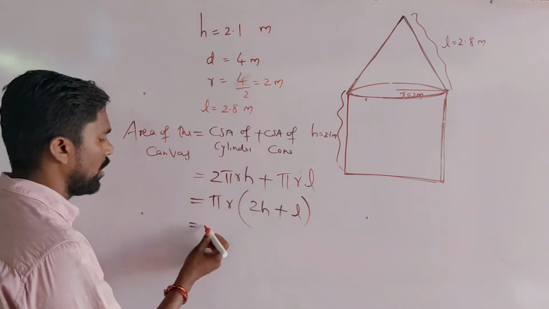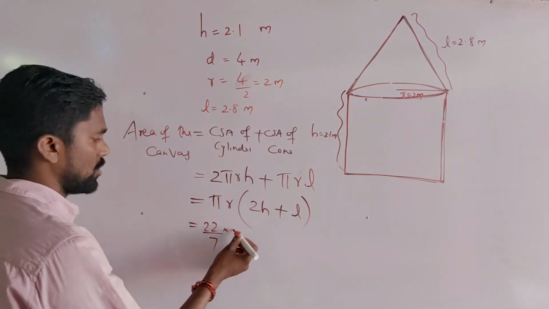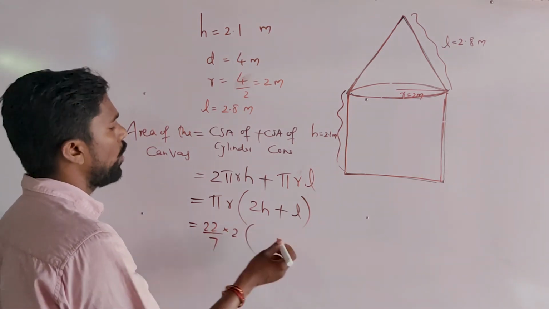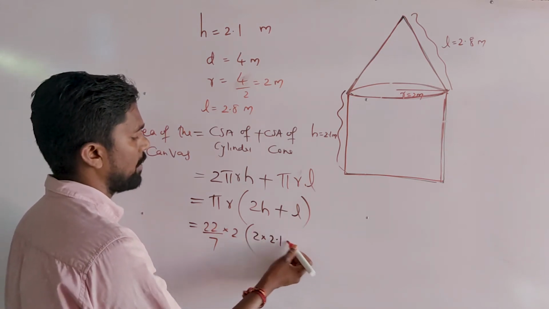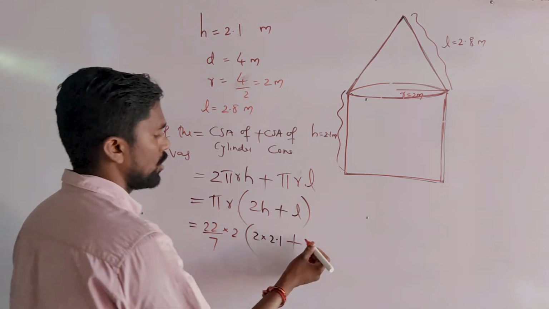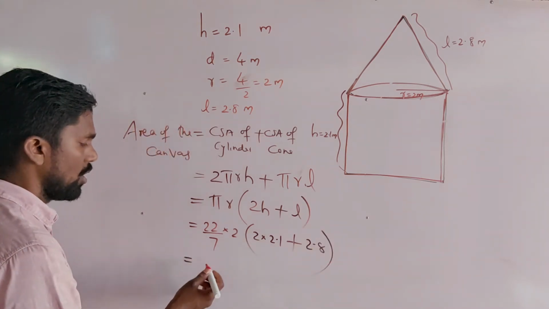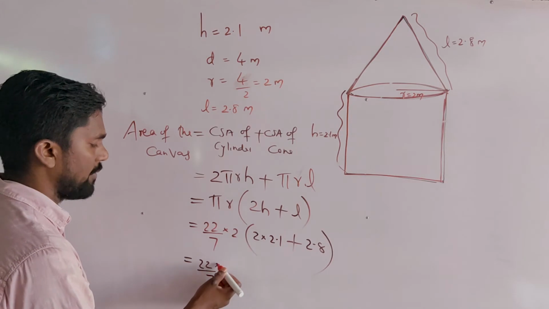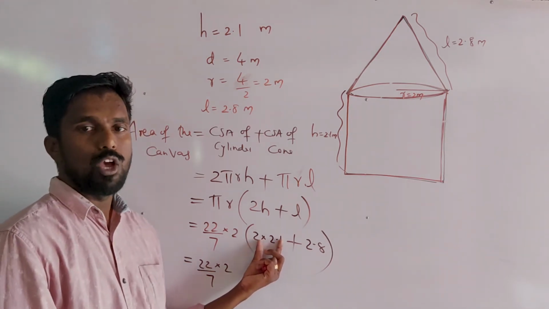That is equal to 22 by 7, radius is 2.1, times 2h, which is 2 into 2.8, plus l. Wait, 2 into 2.1 is 4.2.